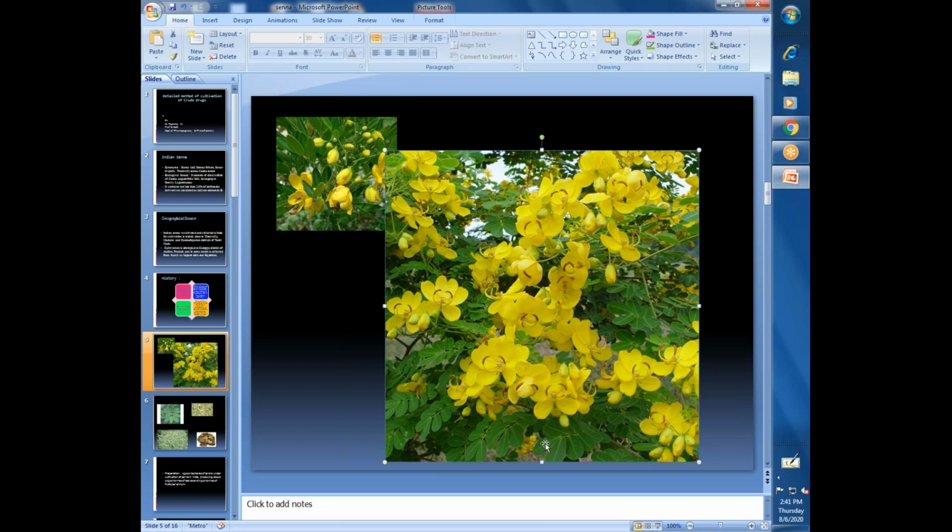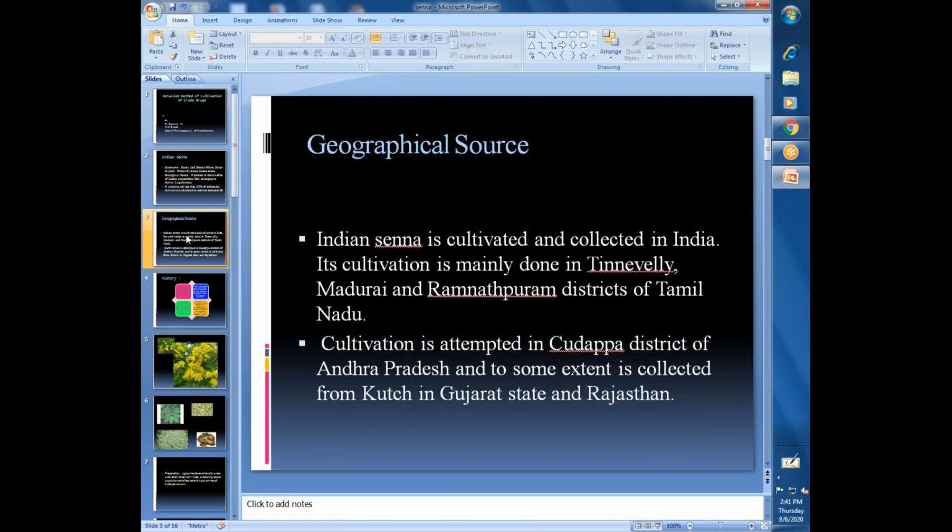When the leaf is divided into many leaves, it is called a compound leaf. These compound leaves are attached to one part of the plant, that is called the rachis. Here you can see the stem-like part, that is the rachis, and these are called leaflets.